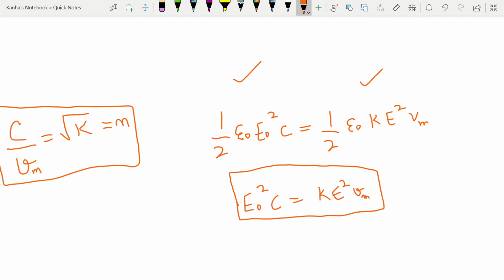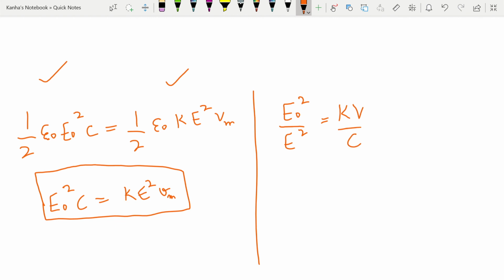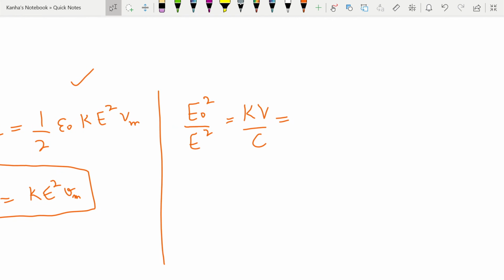Now you have a relation connecting the electrical fields in both cases. Using this, I can write that E naught square divided by E square is equal to k times V by C, where C is 3 into 10 to the power 8.